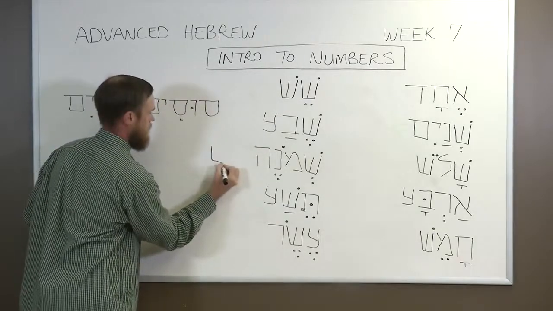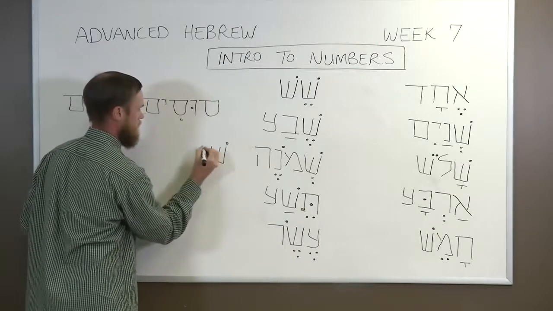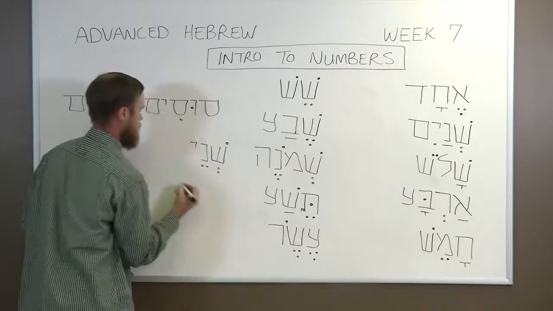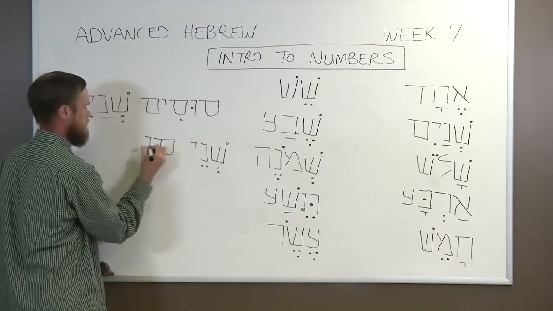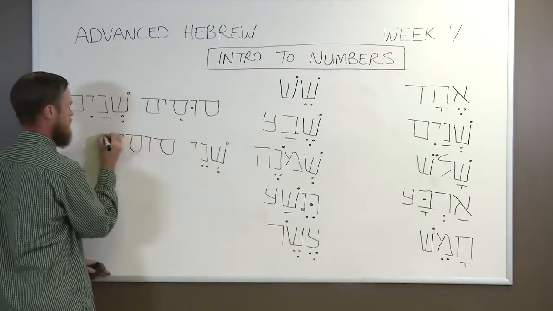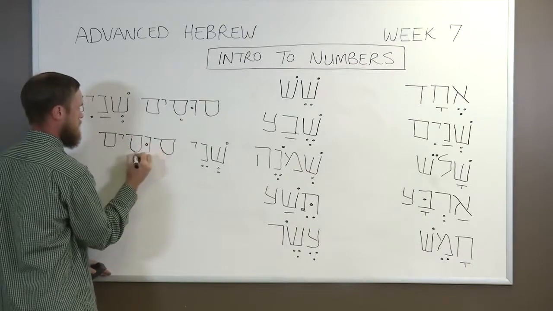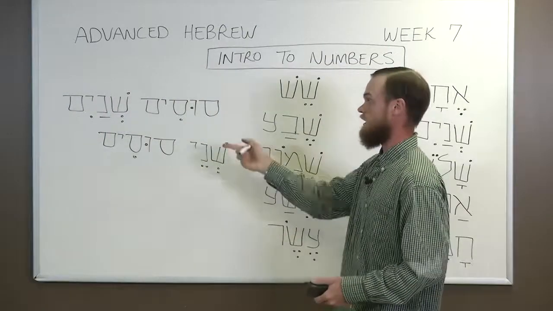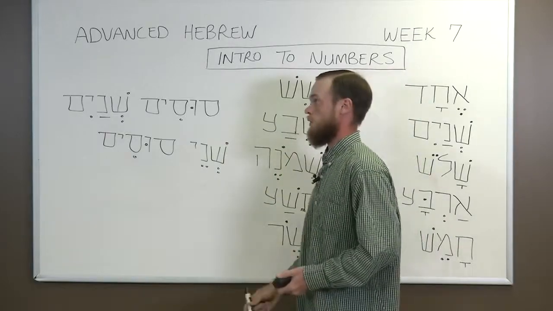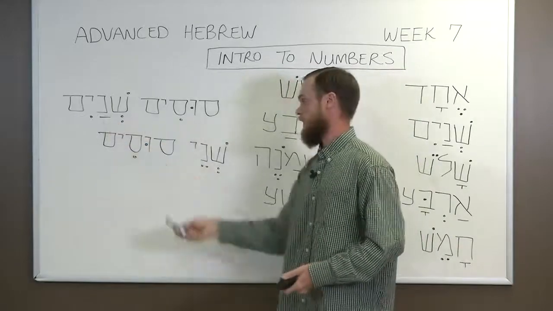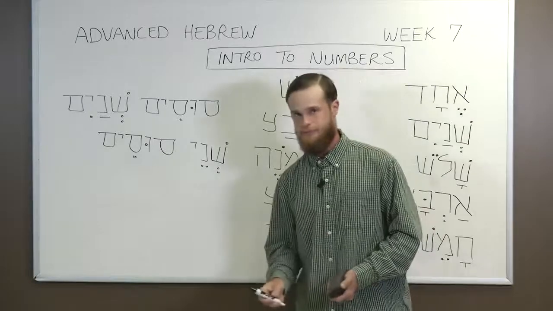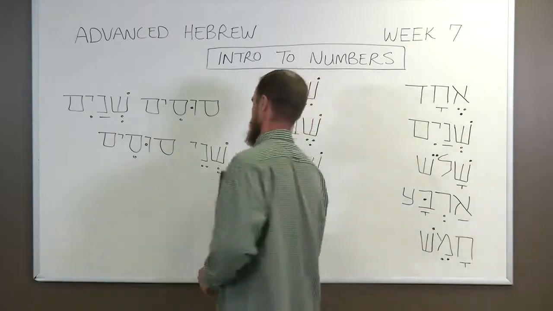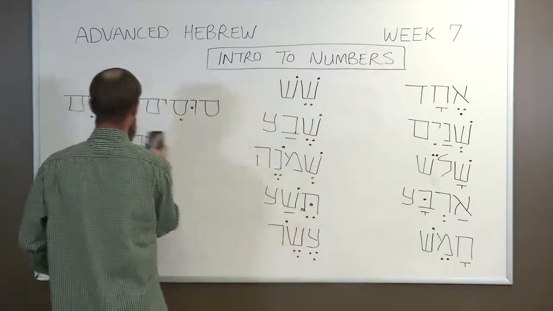And if we put 2 in the construct state, we would say Shanei Susim. So Susim Shanayim or Shanei Susim, either one means 2 horses. Adjective form, construct state. So it just follows the regular rules of the construct state.